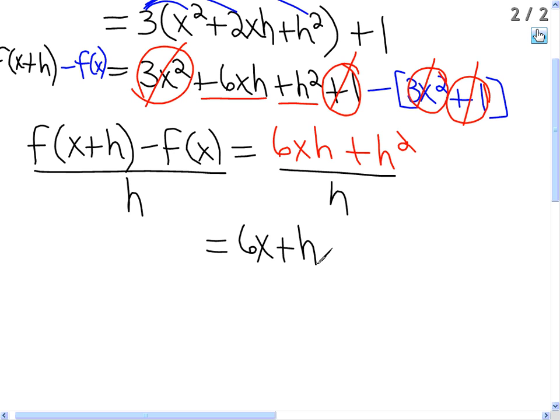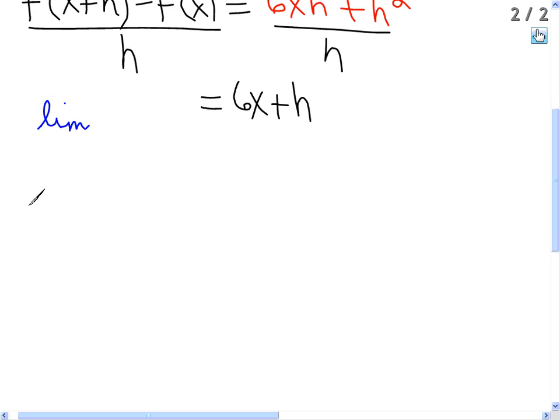Now remember, I want this limit. I want that h to go to 0. So if I look at the limit as h goes to 0 of this function, 6x plus h, I'm simply letting h equal 0.